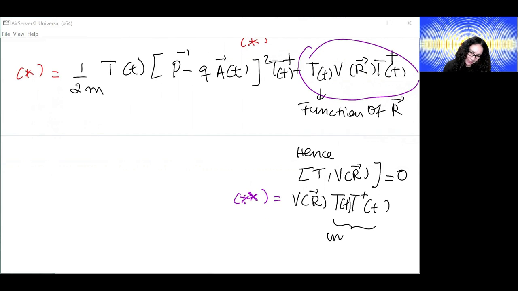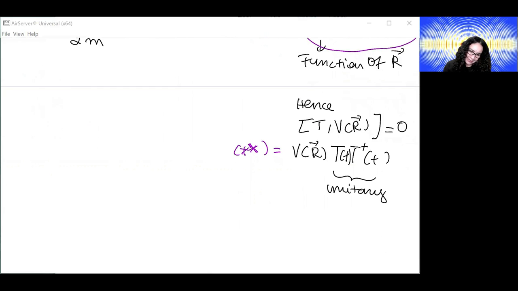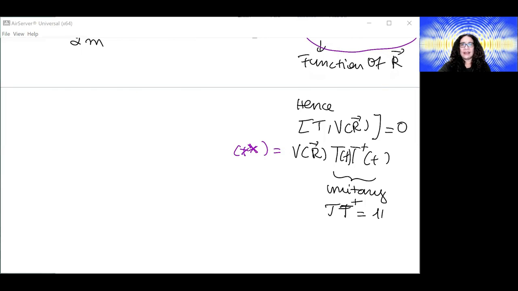So if this is a unitary transformation, we know that T dagger T is going to be the identity operator.